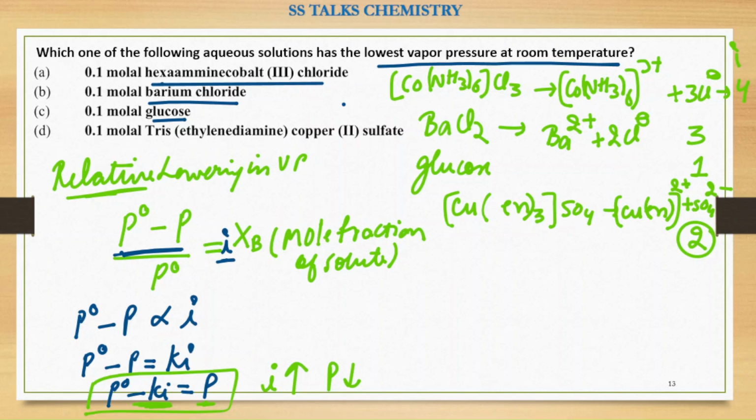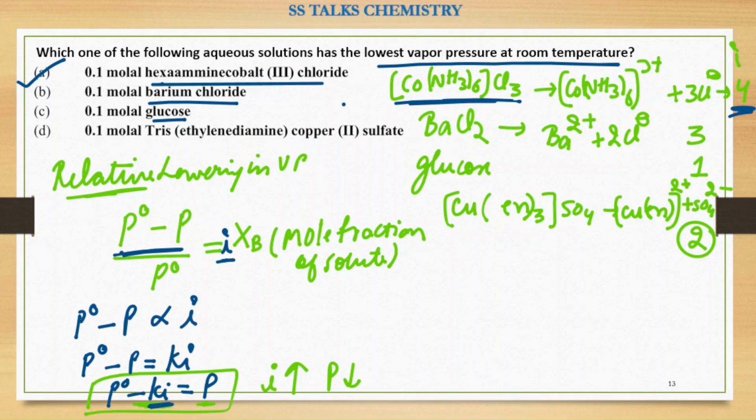So the maximum value of i we can see is in the case of hexamine cobalt chloride, where the i value is 4, whereas for the others we have 3, 1 and 2. The maximum one is 4. So maximum decrease you are going to observe in this case. So lowest vapor pressure will be for hexamine cobalt chloride, where we had the maximum i value.